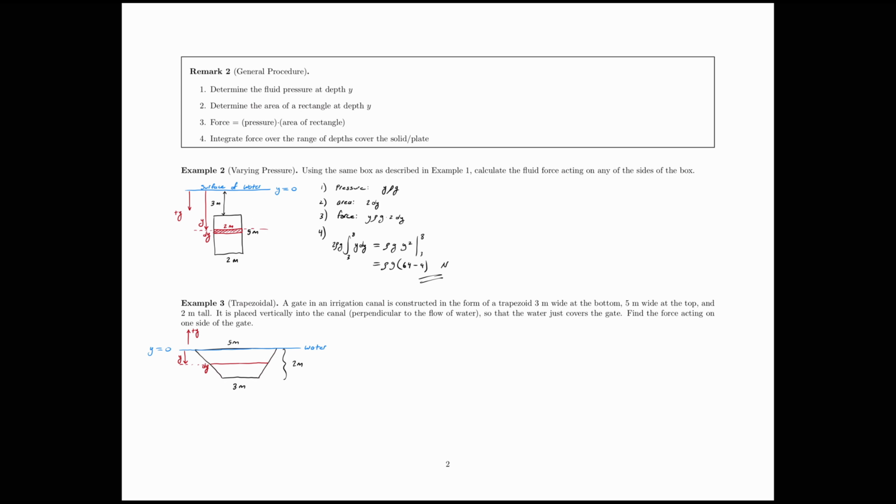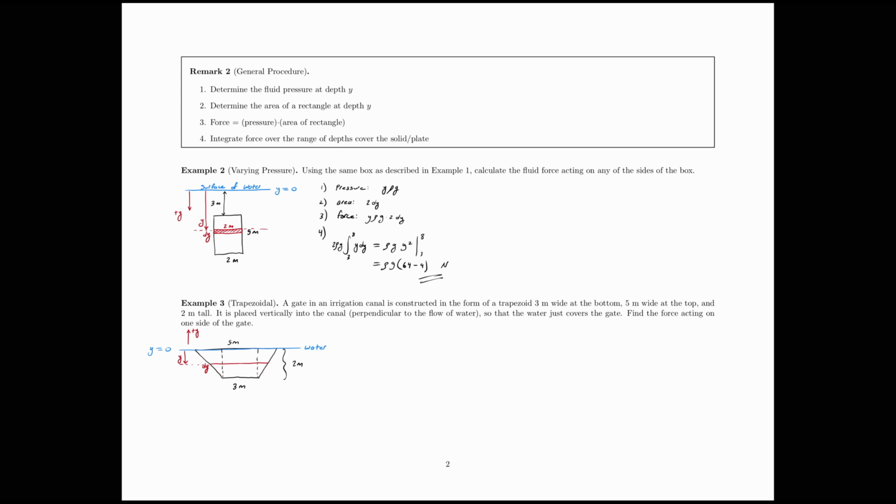So I'm going to draw these black dotted lines vertically, sort of splitting the trapezoid up into a rectangle in the middle with two triangular end caps.